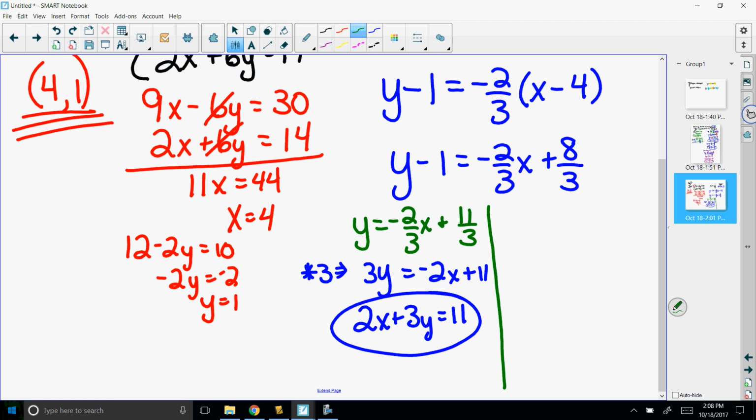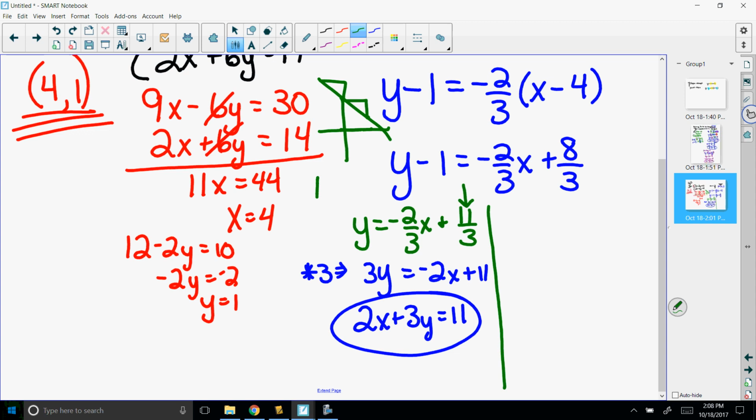Now, if I choose not to do that as the first step, by adding 1 over to the other side and getting it into slope y-intercept format, it shows here that my y-intercept is 11/3. That's actually a point, and you could graph that. But you could also graph from the point slope format. You would just start at 4, 1, so I'd start over here at 4 and up 1, and from there, you would do rise over run, and you could graph your line.